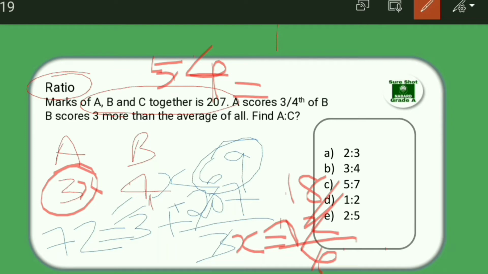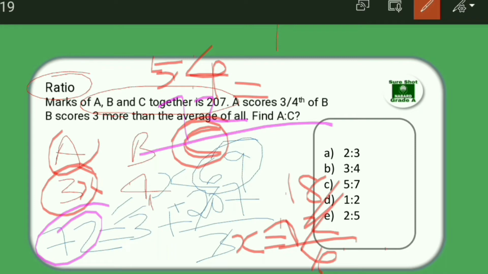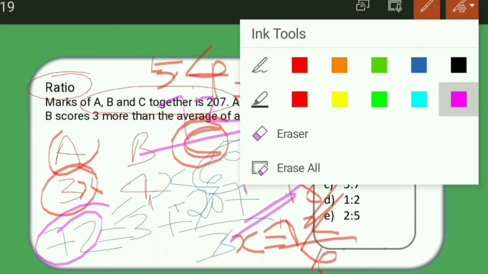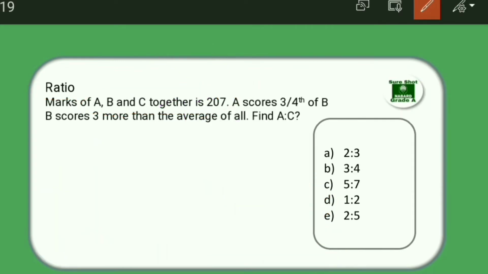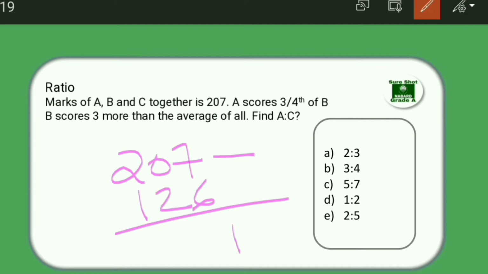Now we need to find the marks scored by C. Here the marks of A is 54 and marks of B is 72. So we add them, which is 126, and subtract it from 207. 207 minus 126 is 81.